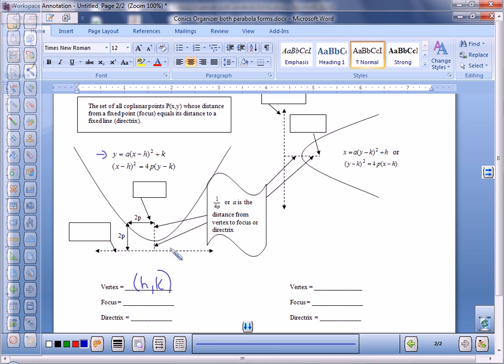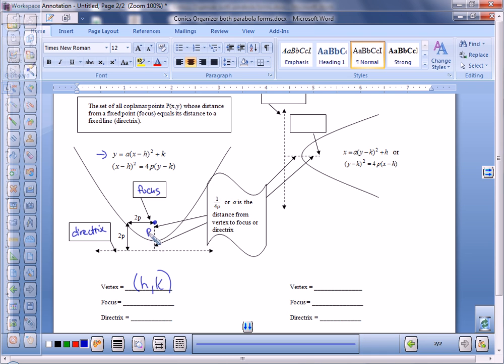So we have this fixed line, called the directrix. And this fixed point here is called the focus. And if we notice, these two are an equal distance.